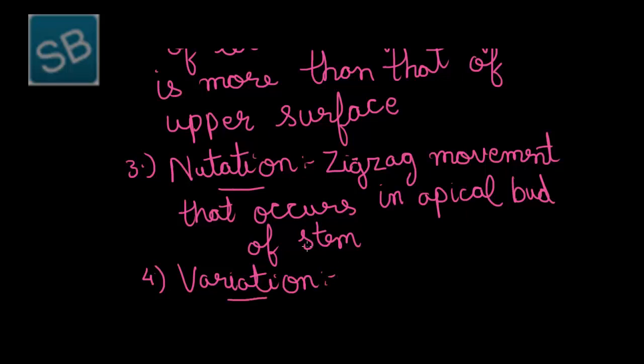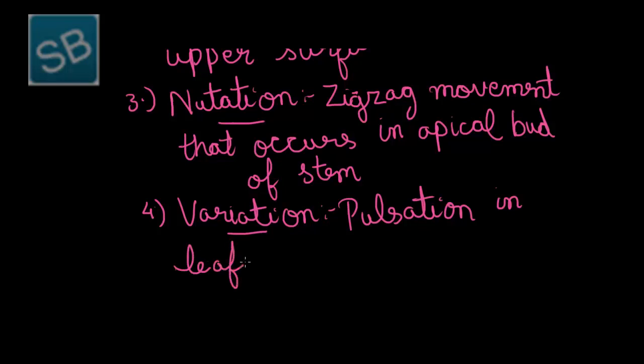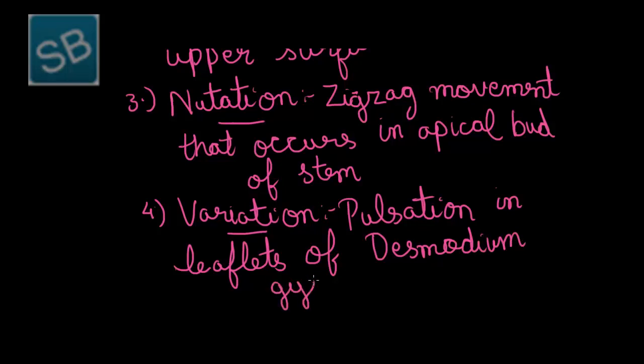Such a type of movement generally occurs in the pulsation in the leaflets of plants like Desmodium gyrans. That is, all the plants that come under Desmodium species.